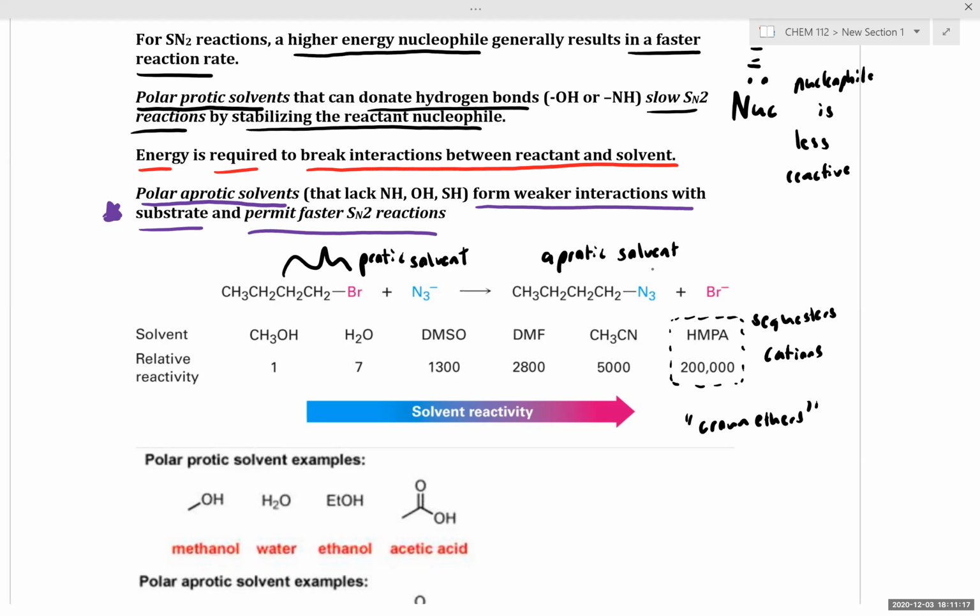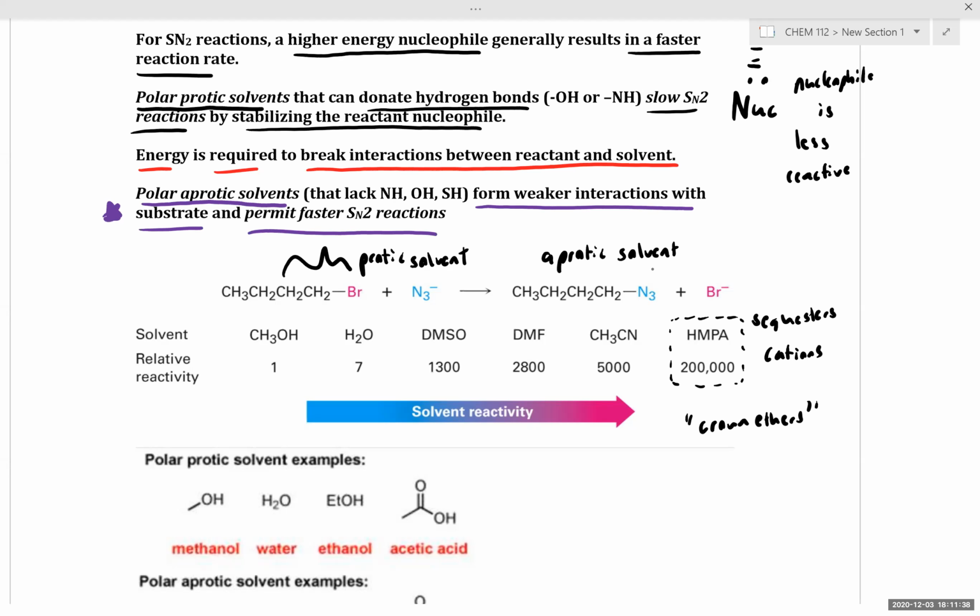And because we have a more isolated anion, the anion is less stabilized by the interactions with the cation, and in turn, we end up with a slightly more reactive anion when we use HMPA as our solvent.